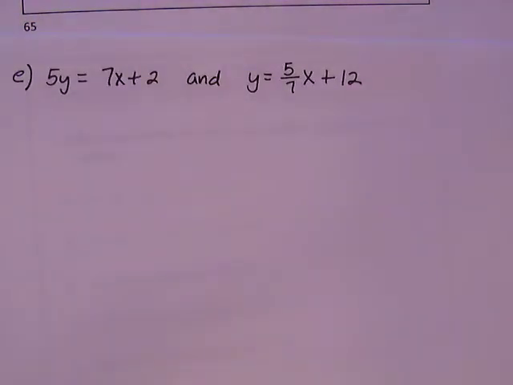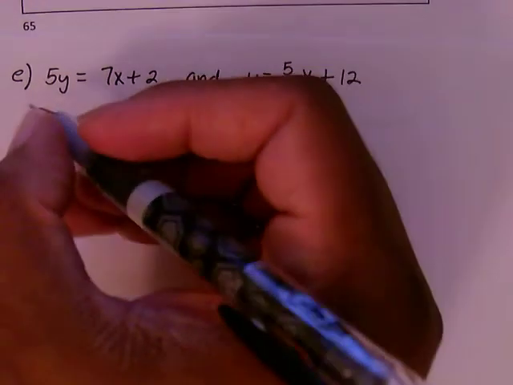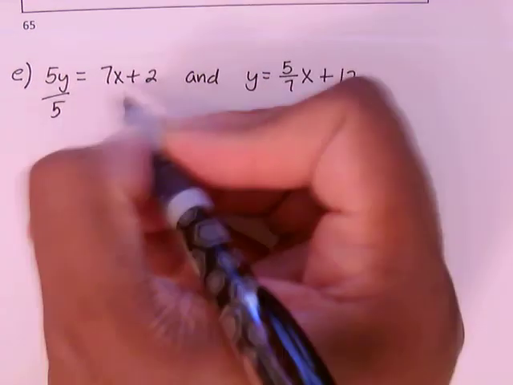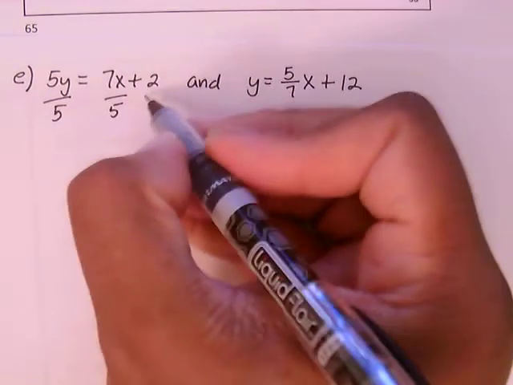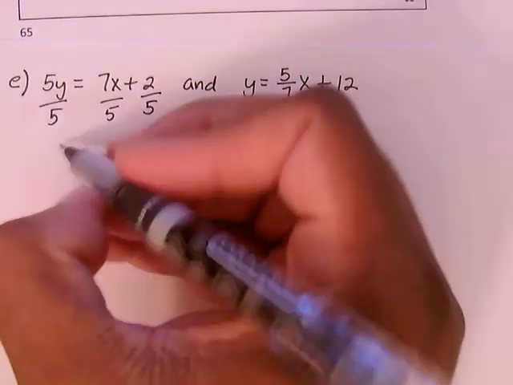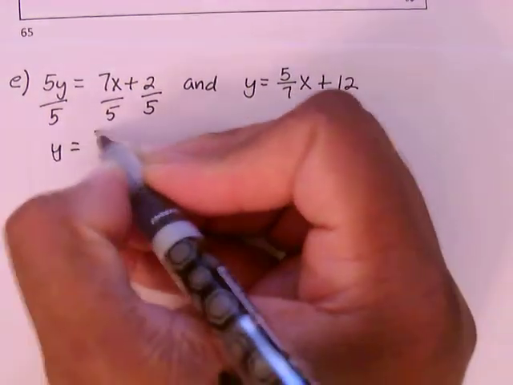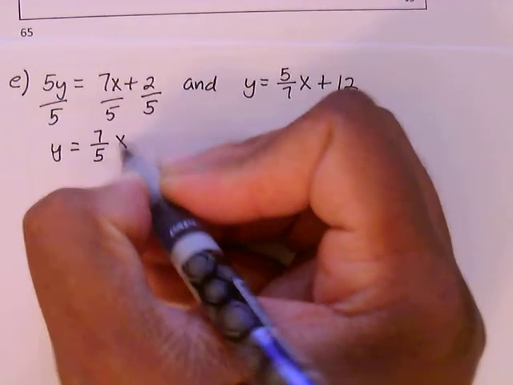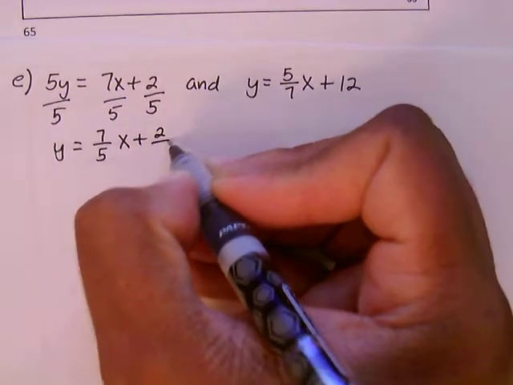The second equation is solved for y. The first equation, we need to get y by itself by dividing each and every term by 5. So here we've got y is equal to 7/5 x plus 2/5.